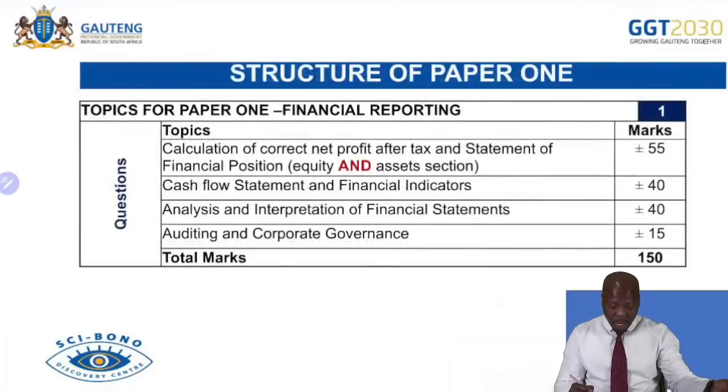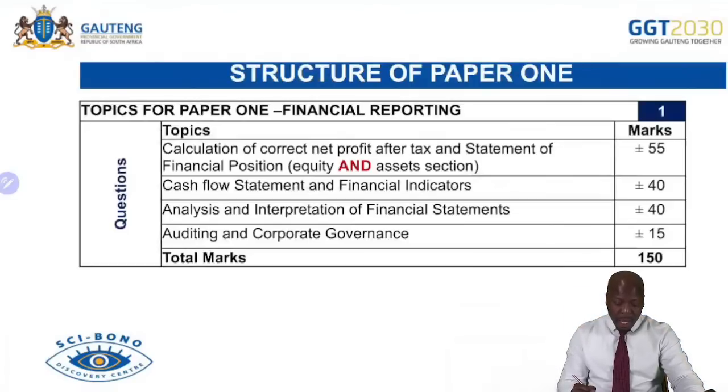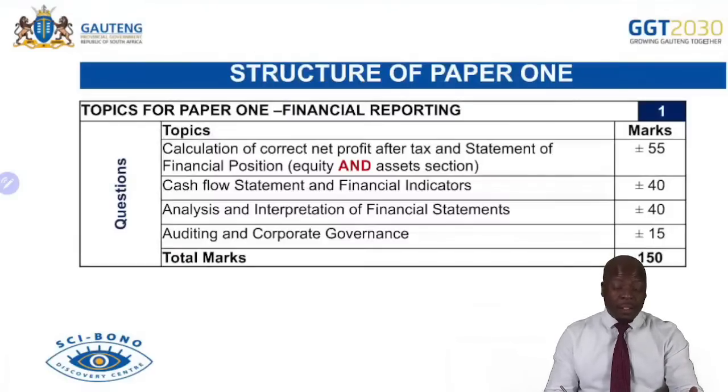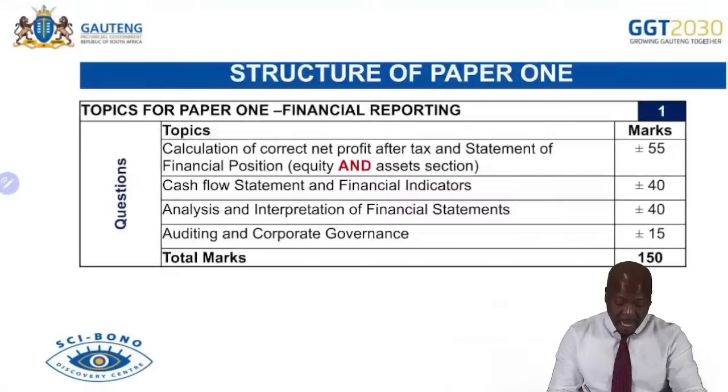Here is the structure of our paper 1. When we are looking at our paper 1, we have topics that will come in paper 1, and these topics are the calculation of correct net profit after tax and the statement of financial position. So you will find that question 1 has several ways in which it can be asked, and one of the options is whereby you have the calculation of correct net profit after tax and the statement of financial position.